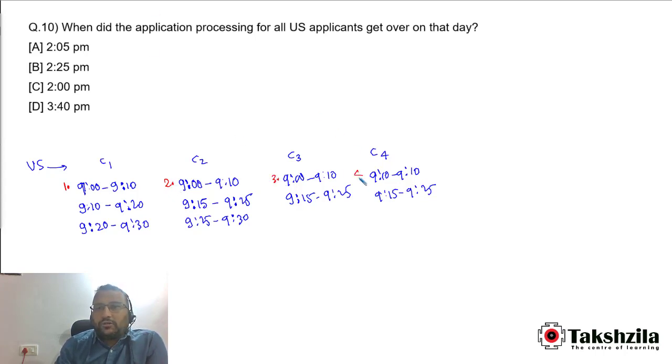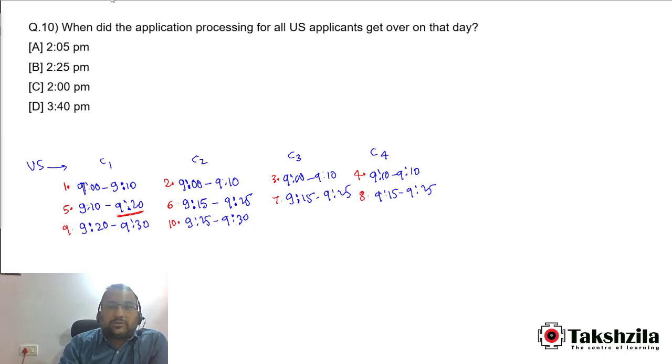In each slot there are 5 candidates for the US application, and the first slot applications will get processed by 9:20. Similarly, the second slot applications, application number 6, 7, 8, 9 and 10 will get over by 9:30.